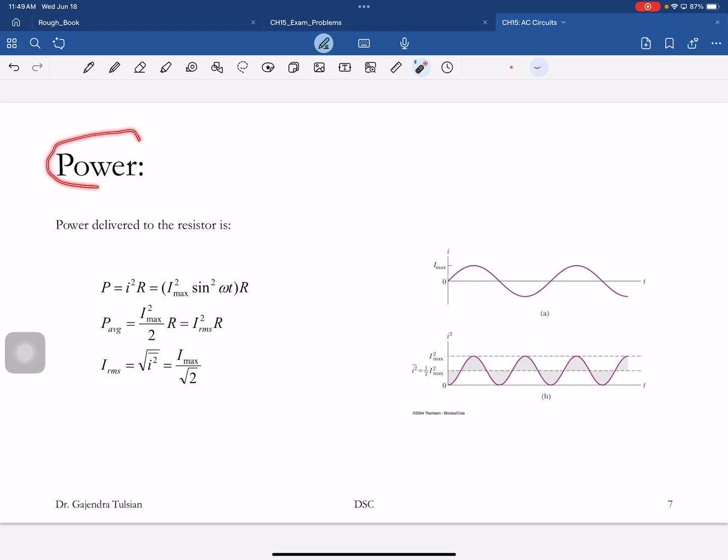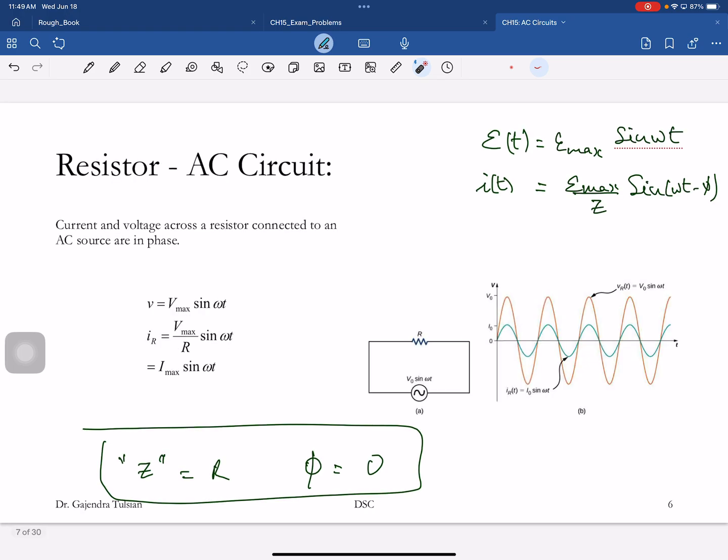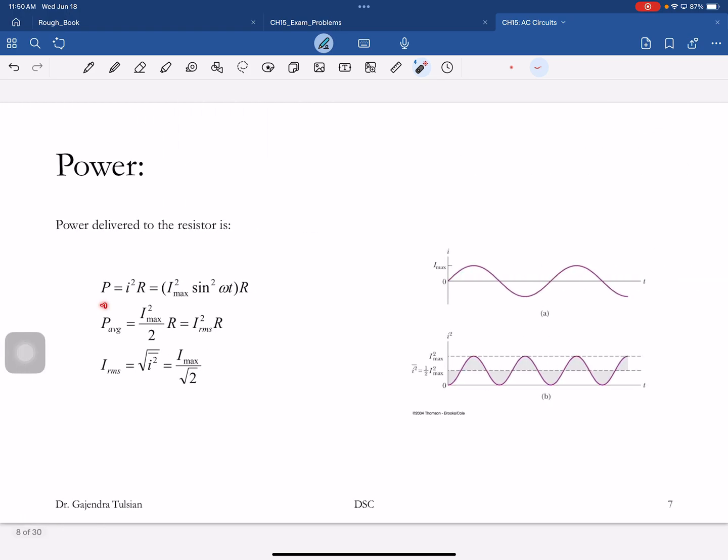Okay, the power supplied to your circuit, or your load. What is your circuit this time? It's just this resistor. The power supplied to your load is the instantaneous current squared times the resistance of your load.